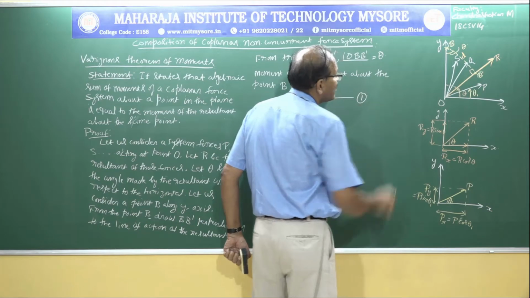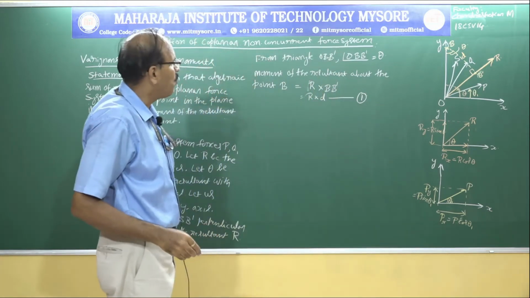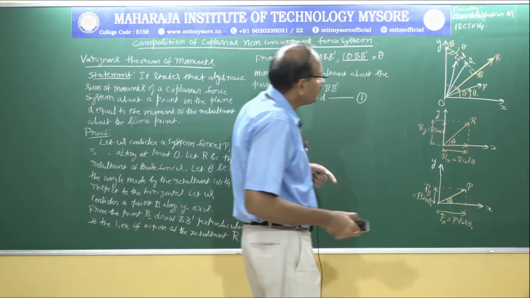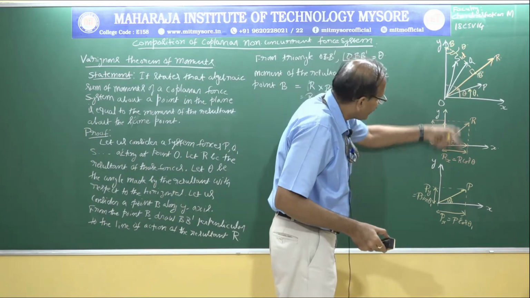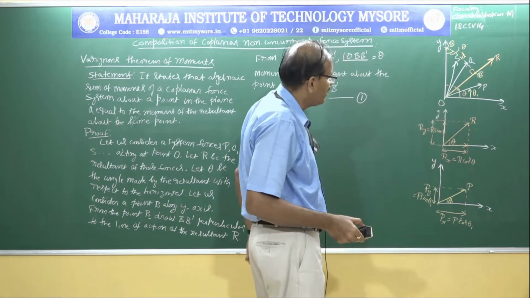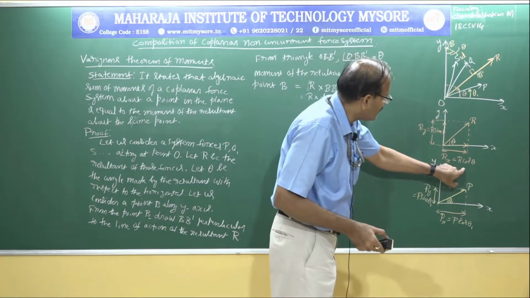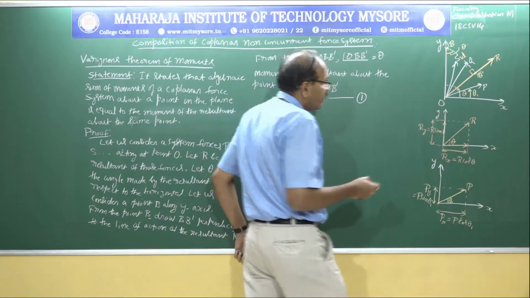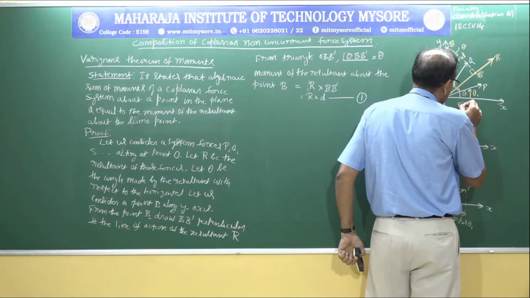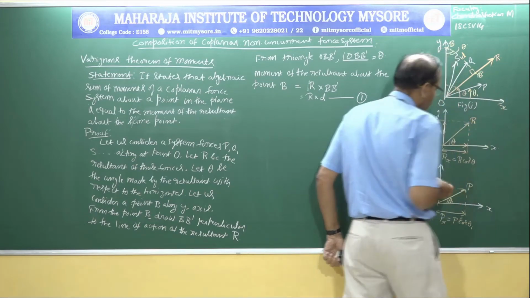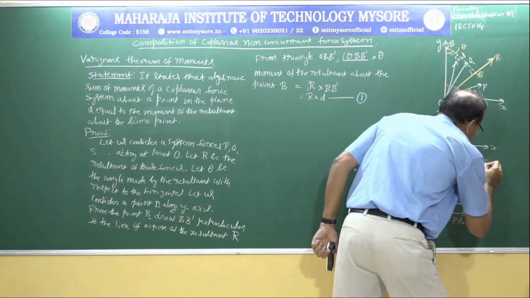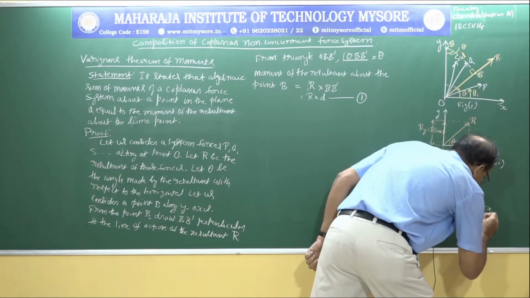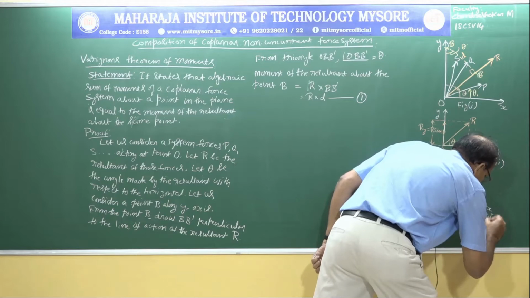Let me call this equation 1. Next, if you look at this figure, Rx equal to R cos theta and Ry equal to R sin theta. So, I call this figure 1, this figure 2 and this figure 3.